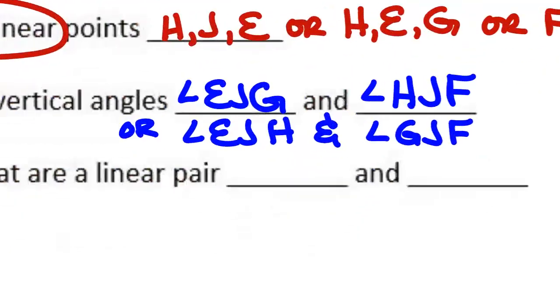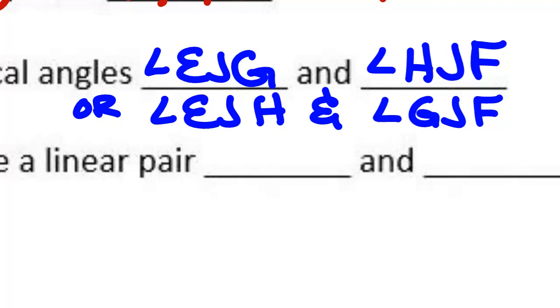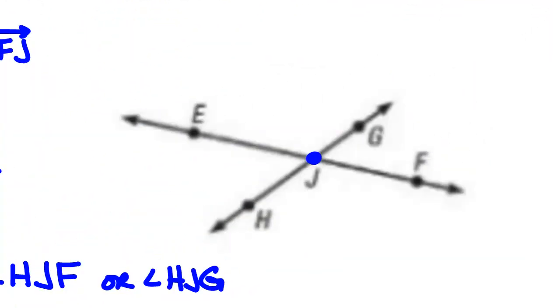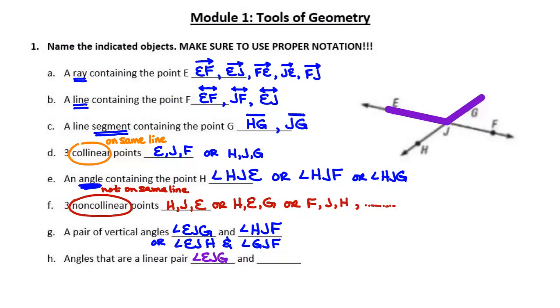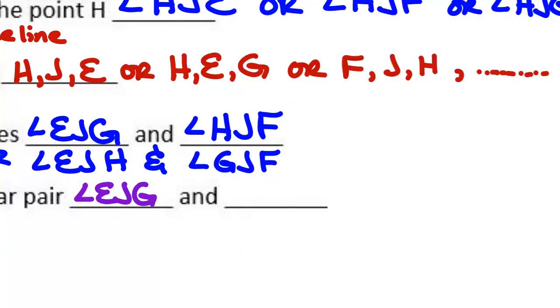All right, angles that form a linear pair. I'm going to start with EJG again. So if this is the angle that I start with, what would form a linear pair with EJG? FJG.